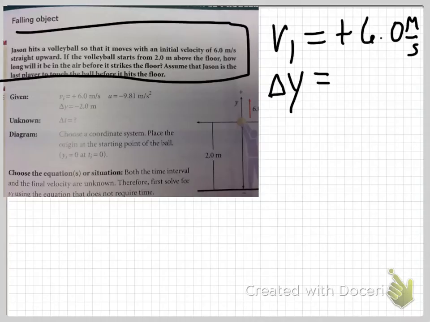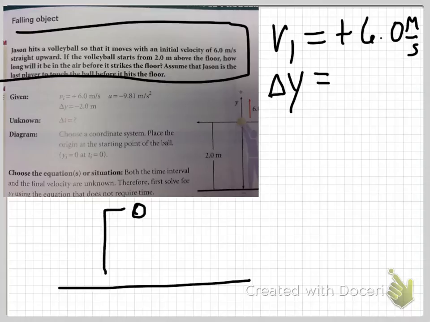Okay, you've got it half right. Let's draw this. Here's the floor. Here's where the ball is starting. Where's the ball ending up? The floor. So the magnitude of the displacement is 2 meters. It's negative 2 meters. So the displacement is negative 2.0 meters.